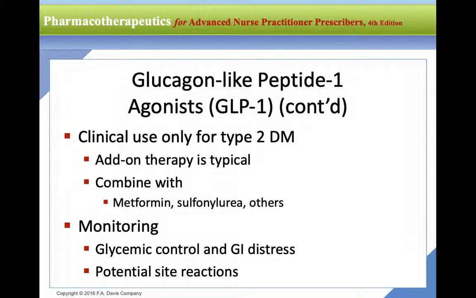One thing I want to point out with the GLP-1 agonists and the DPP-4 inhibitors is that there's a growing amount of research showing the cardiovascular benefits, those microvascular and macrovascular benefits, compared with metformin and sulfonylureas, which is why you'll see in a few slides these have moved up in the algorithm to be acceptable choices for monotherapy or for second line choice after metformin.